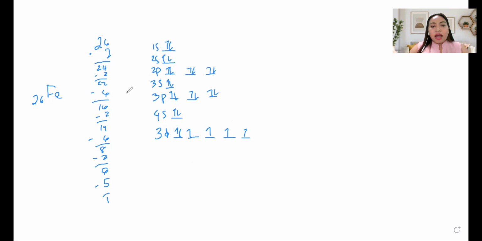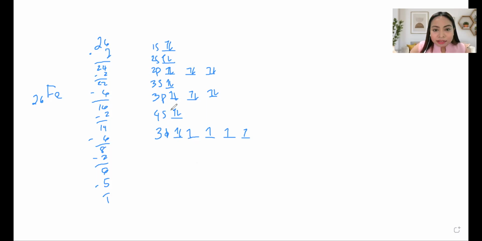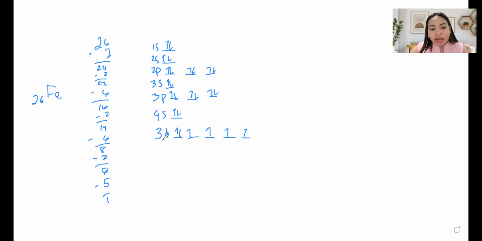So now, after we have the electronic configuration, we examine the highest value of n in this energy level. What is the highest number of energy level here? The highest energy level is 3d, but the highest value of n is 4.